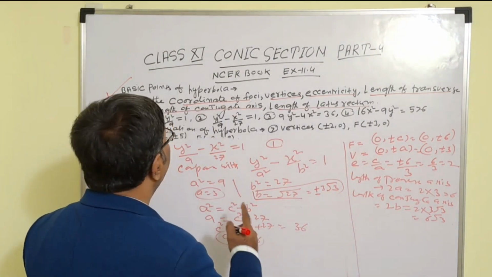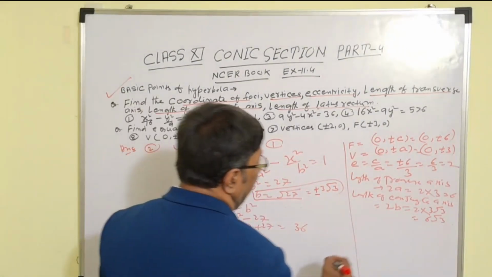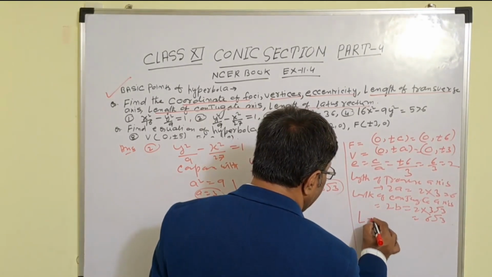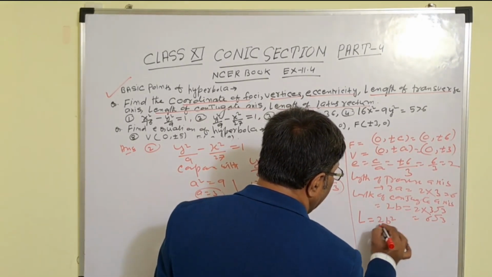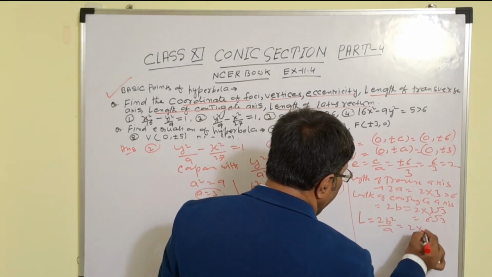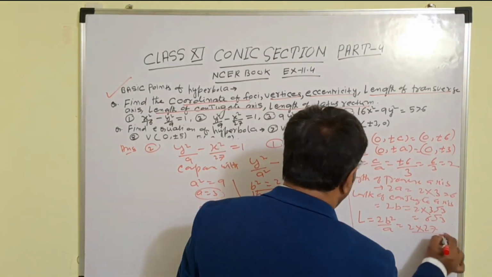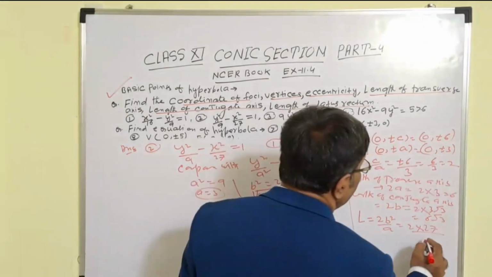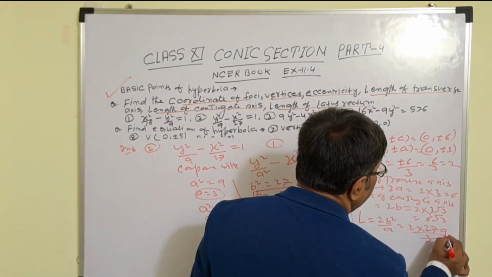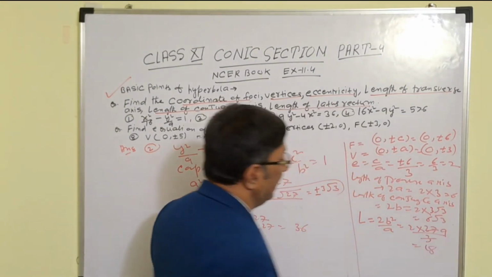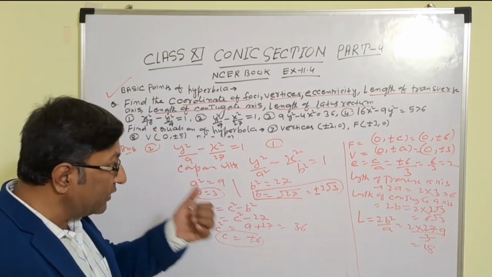Right? Now we have to find length of latus rectum. So length of latus rectum L is what? 2b square by a. So 2 into b square is 27 and a is given 3. So 3 9s are 27, 9 2s are 18.